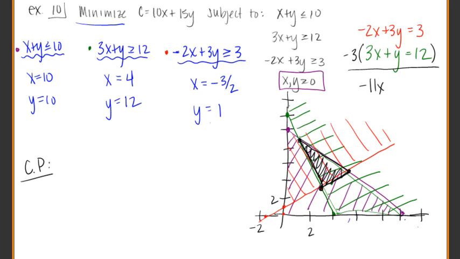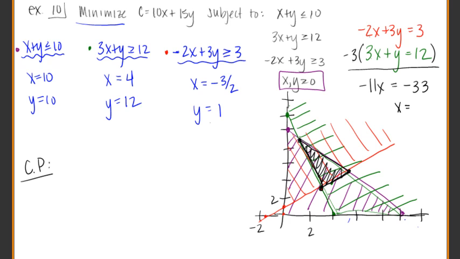So negative 2, I'm going to multiply and subtract at the same time. So negative 2 minus 9 is negative 11. 3y minus 3y is 0. And then over here on the right, it's going to be 3 minus 36. And 3 minus 36 is negative 33.